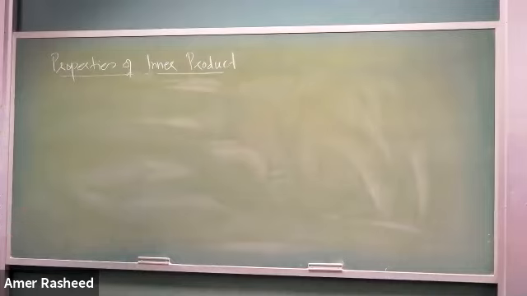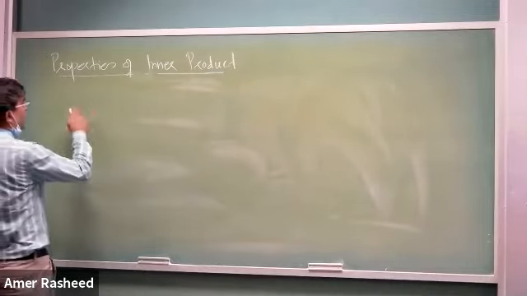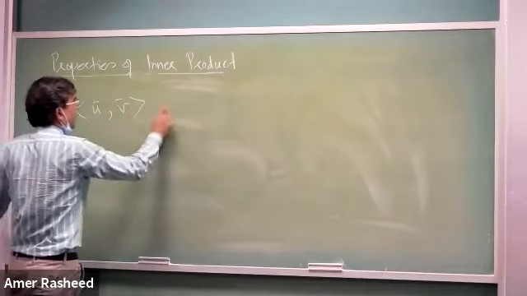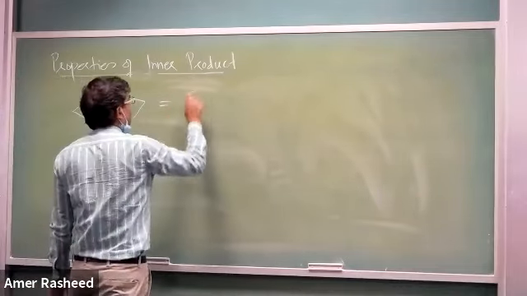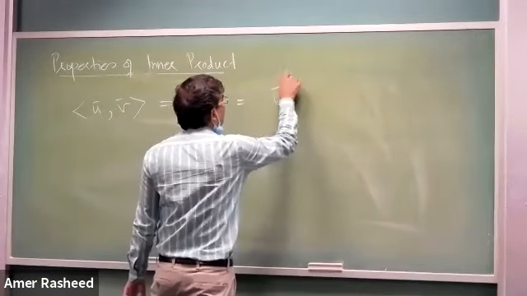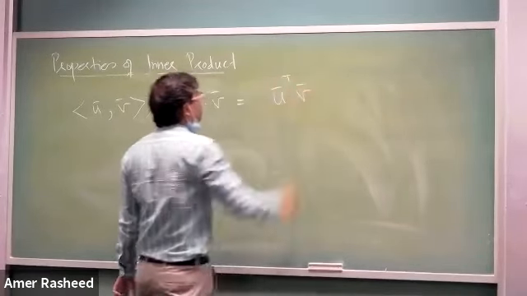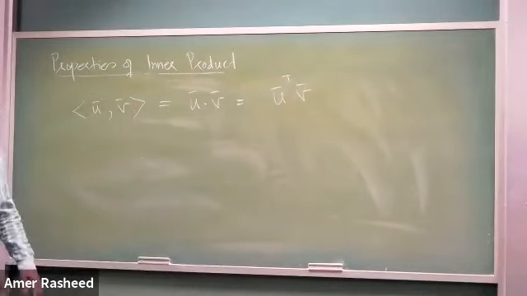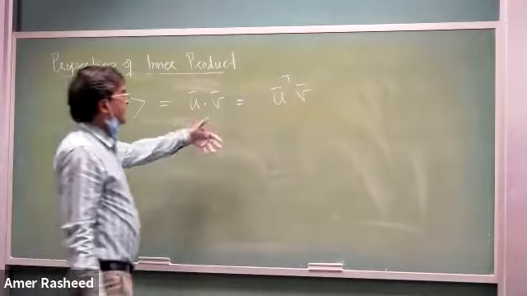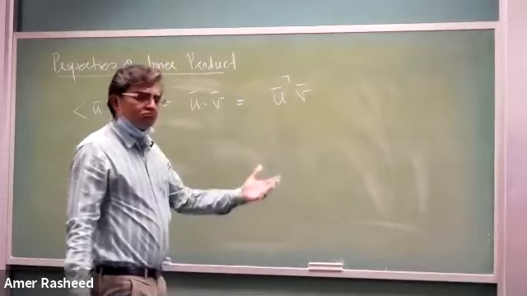Now, in matrix notation, the dot product or the inner product can be defined as u dot v, and this can be written as u transpose v. This is the same as the basic definition of a dot product.